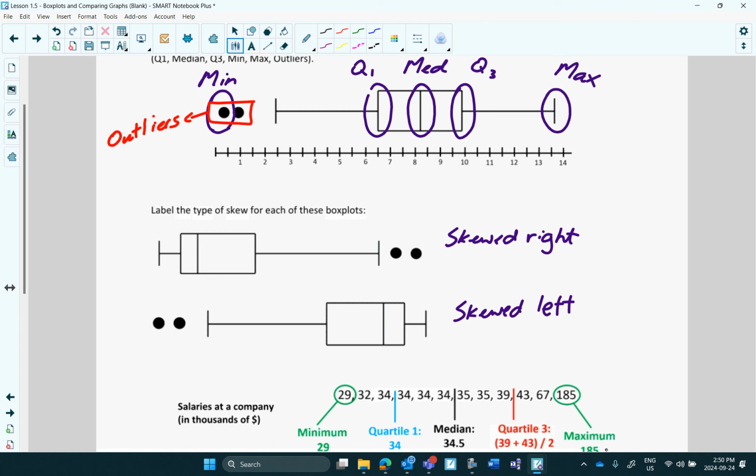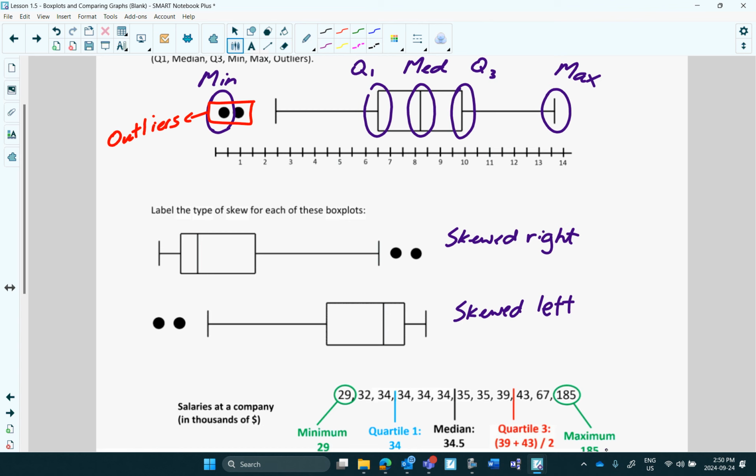So if I look at this distribution and want to describe it, remember I said you got to use 4 components: shape, center, variability, and outliers. I would say this distribution is skewed to the right. Its center is whatever this value is, because that's the median.